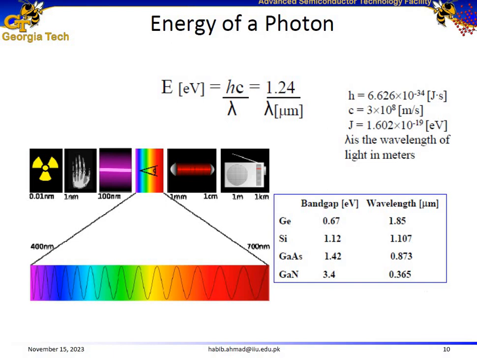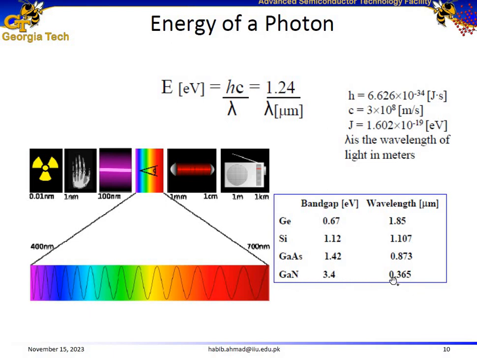This formula also gives us the upper cutoff wavelength for photodetectors and for solar cells. For example, for silicon, the upper cutoff wavelength is 1107 nanometers. Any wavelength above 1107 nanometers would not result in the generation of electron-hole pairs in silicon-based solar cells.